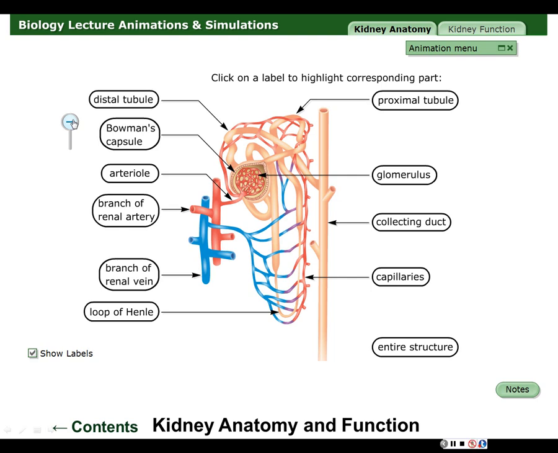Because what's the job of the kidneys? To filter. If we go back to any other capillary, capillaries did what?